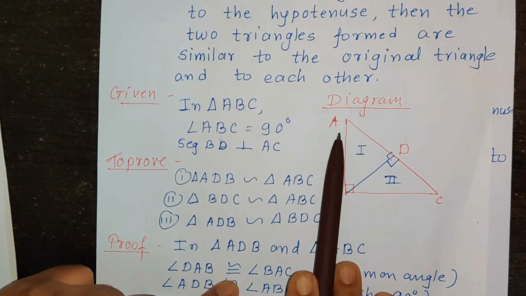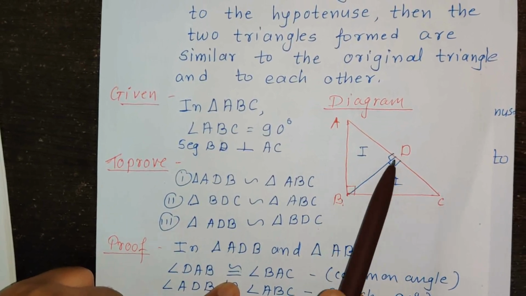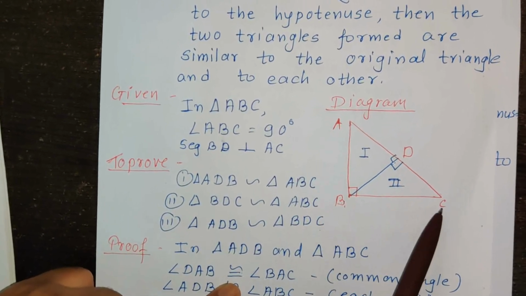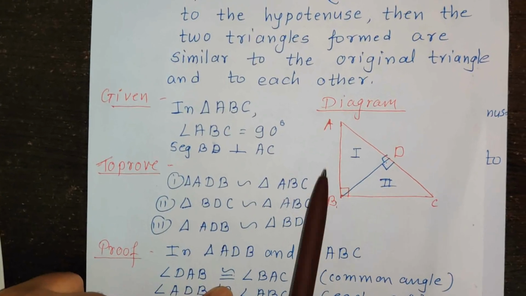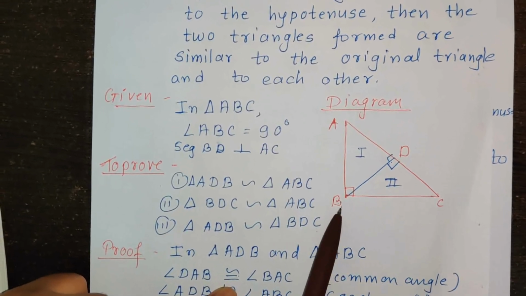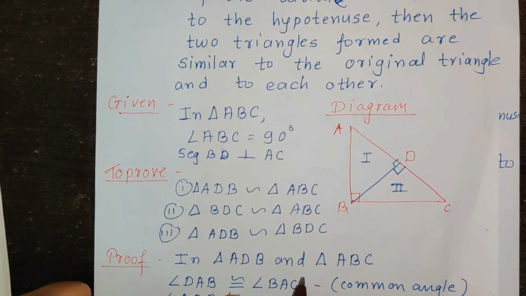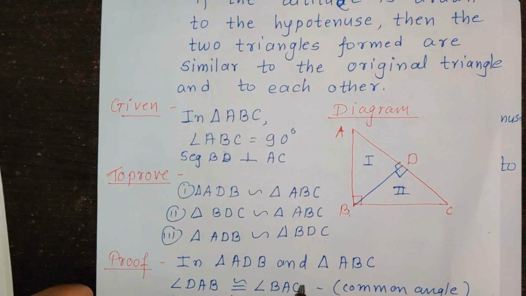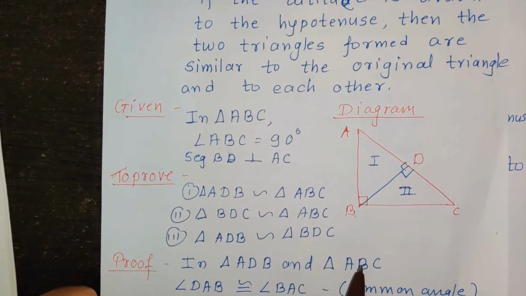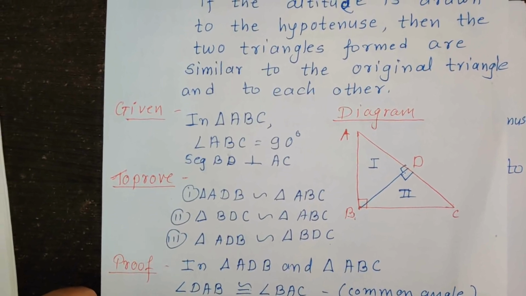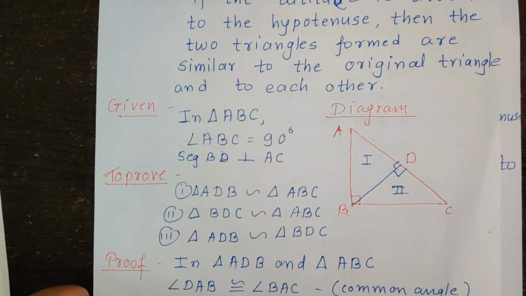BD is perpendicular to AC, and due to that perpendicular, the right angle triangle is divided into two right angle triangles. That means here are a total of 3 right angle triangles, and these 3 right angle triangles are similar to each other. How are they similar? The proof was finished in the previous video, similarity and right angle triangle.